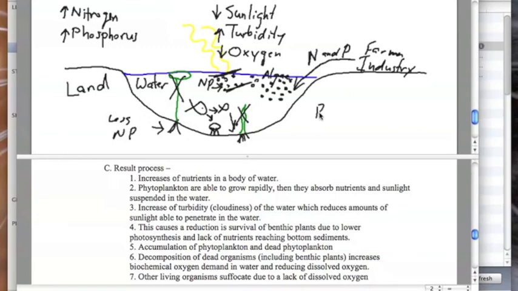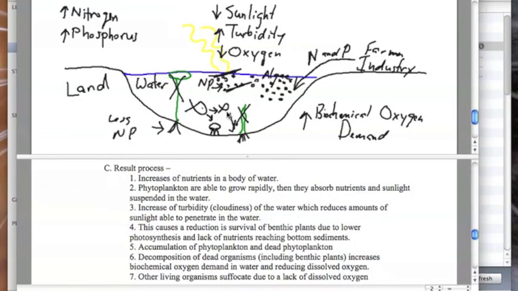If oxygen decreases, that means the biochemical oxygen demand is going to increase. Biochemical oxygen demand, as we learned before, is the amount of oxygen required to decompose a lot of dead or decomposing organisms.